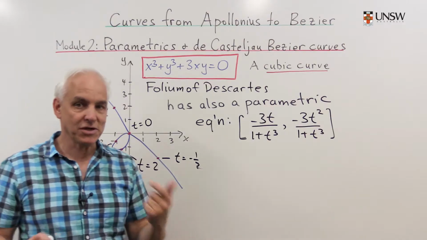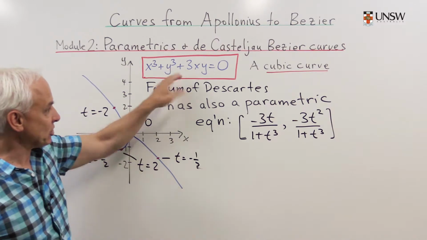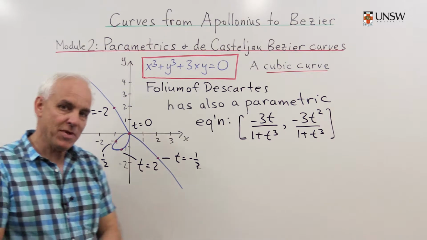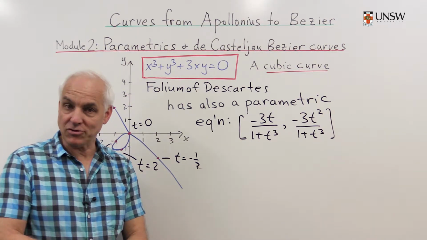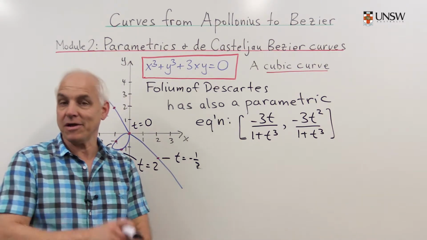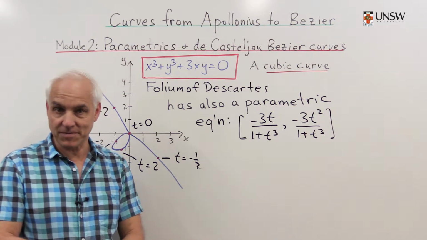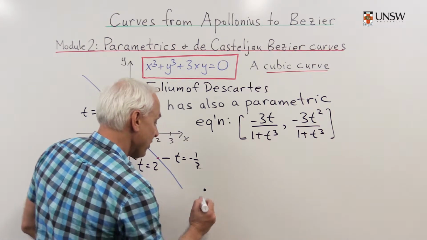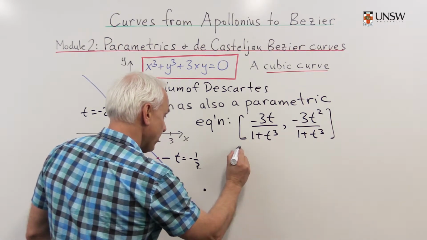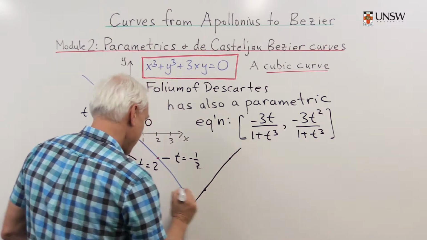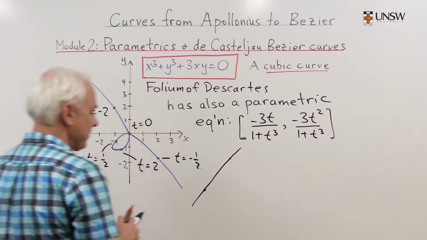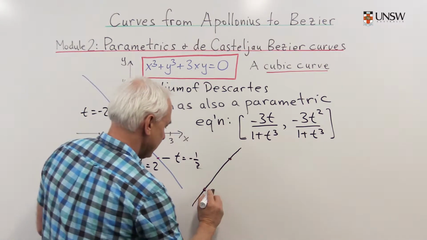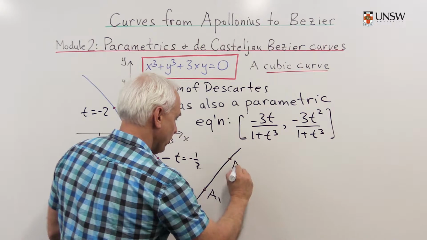All right, so we have these two different ways of thinking about a curve, an algebraic equation or a parametric equation. And let me remind you about a very simple form of the parametric equation that we talked about in the previous module in this course. That was the idea of what happens if you have a line through 2 points, say A1 and A2.